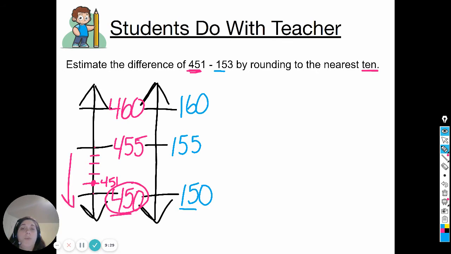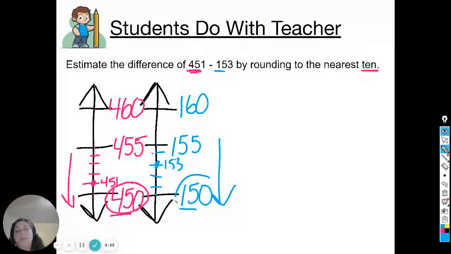Now I just need to find 153. 150, 151, 152, 153. Plot a point right there. 154, 155. You can see 153 is below the halfway point, so we round down to 150.